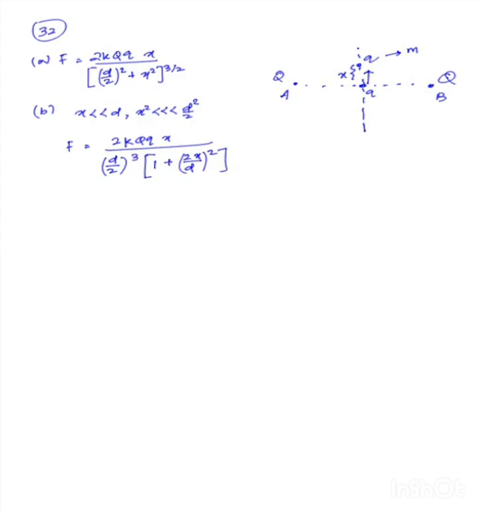Now x is much less than d, so this term is roughly going to be equal to 1, because the second term in that bracket is going to be very, very much less than 1.